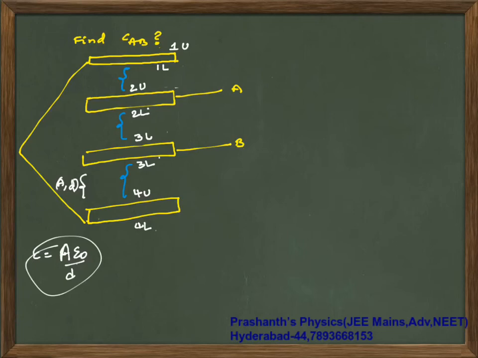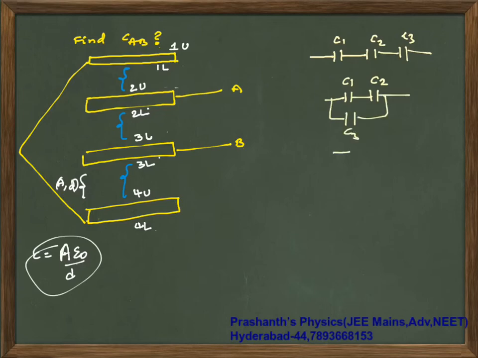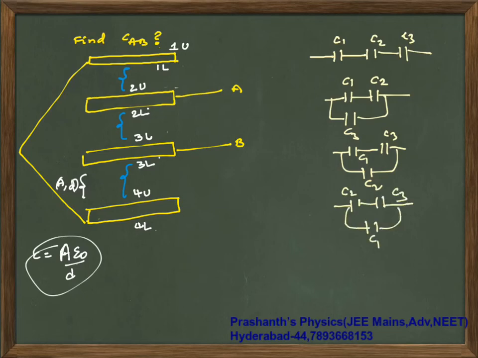Now what are the possibilities for these three capacitors? All three could be in series. Or two could be in series and the resultant in parallel, like C1 and C3 in series with C2 in parallel, or C2 and C3 in parallel with C1, or all three in parallel. A lot of possibilities are there for this configuration.